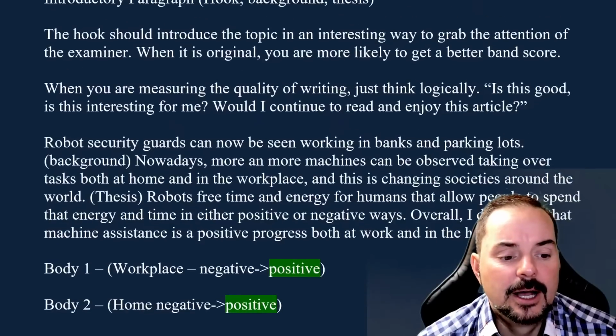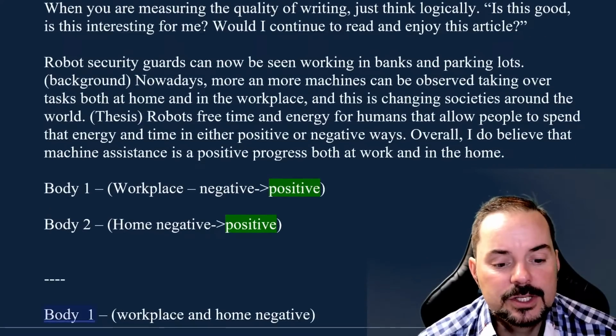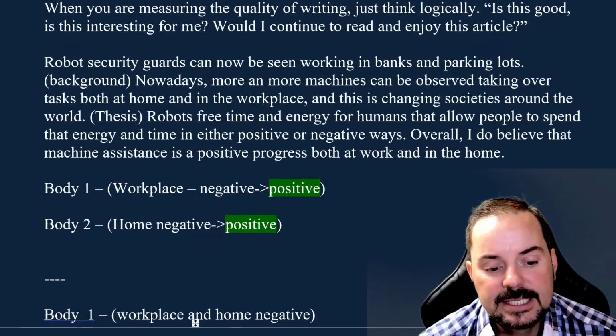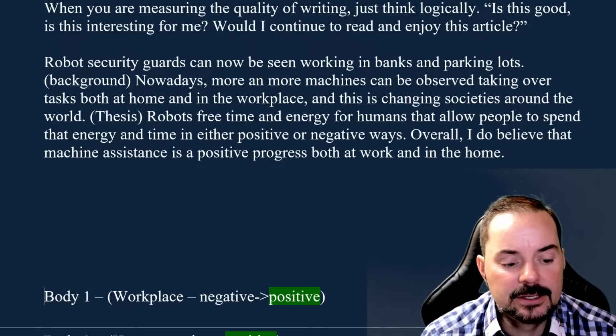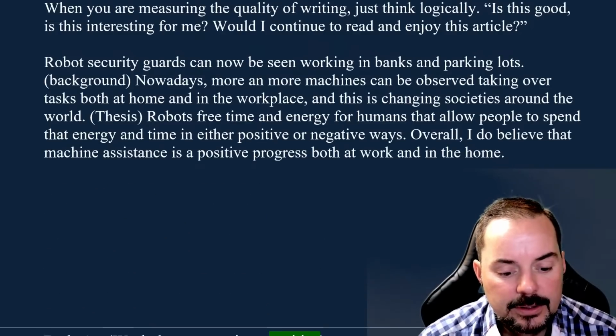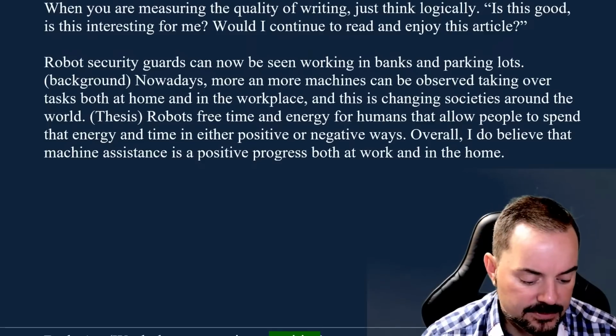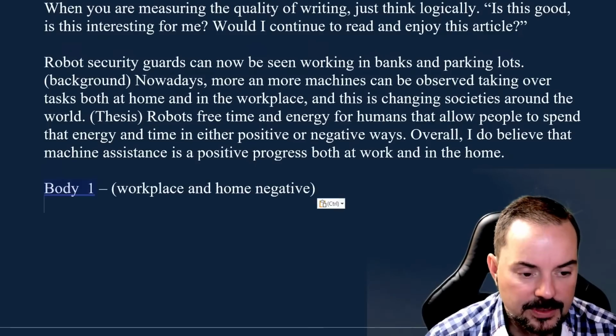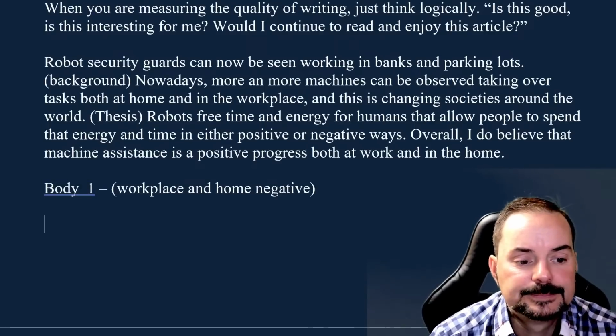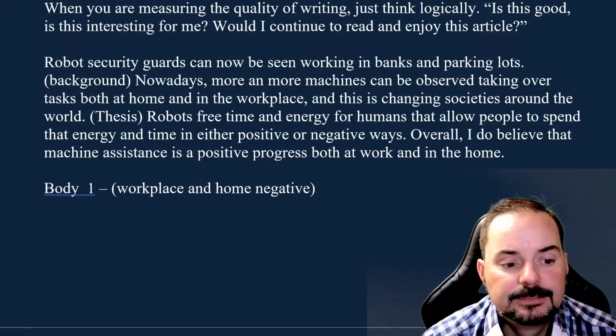All right, so I'm going to go with this one. So the negative in the workplace and at the home, and then the positive. Okay, so I'm going to go with that approach. Okay. All right.